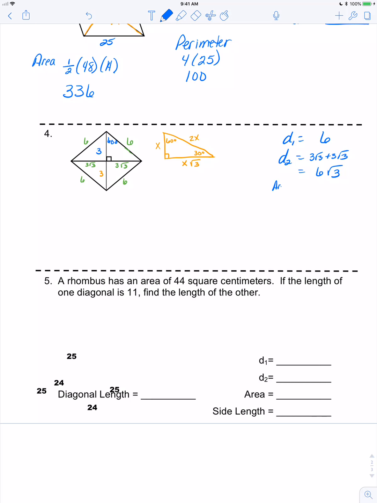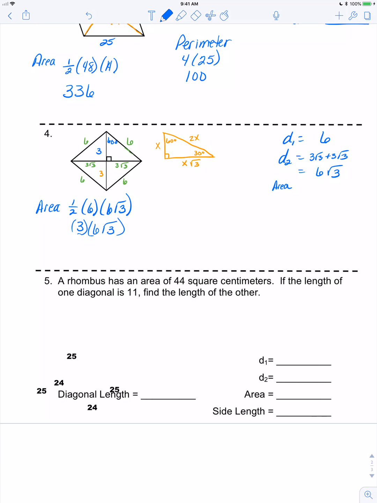The area is 1/2 diagonal 1, which is 6, times diagonal 2, which is 6 square roots of 3. Well, let's break this down. 1/2 times 6 is 3. And then we're going to say times 6 square roots of 3.